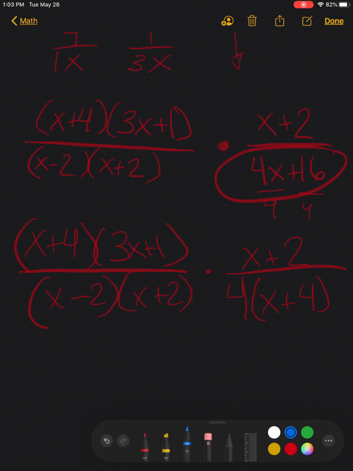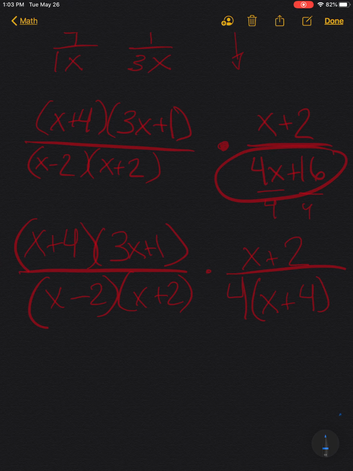Okay, now comes the fun part. Let's do a different color. We'll choose blue this time. Okay, what's the same diagonally or top bottom? I see x plus 2's are gone, and I see the x plus 4's are gone, right? So now what is left over? In the numerator, I only have a 3x plus 1.